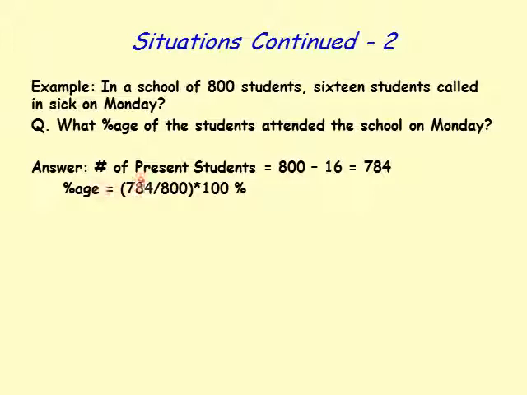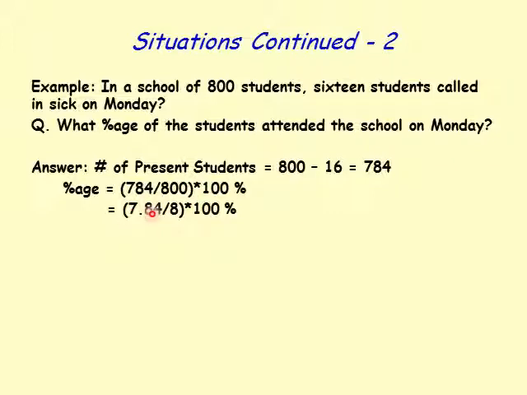Percentage is 784 divided by 800. That's the ratio. We multiply that by 100 and call it percent. Okay, let's continue. That's 7.84 divided by 8. We divide both the numerator and the denominator by 100 here.